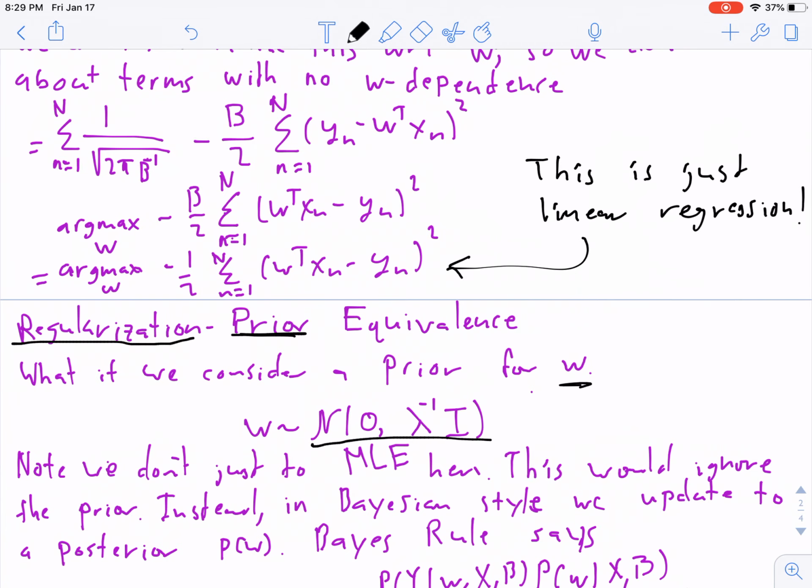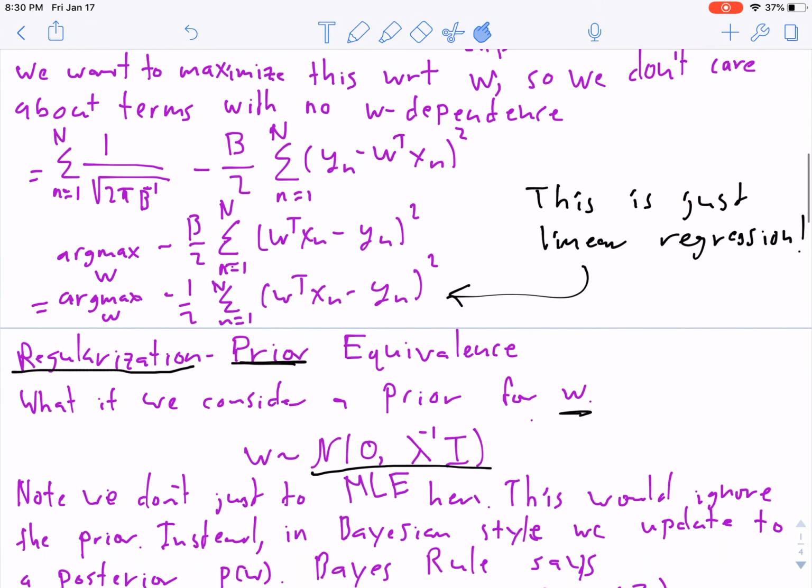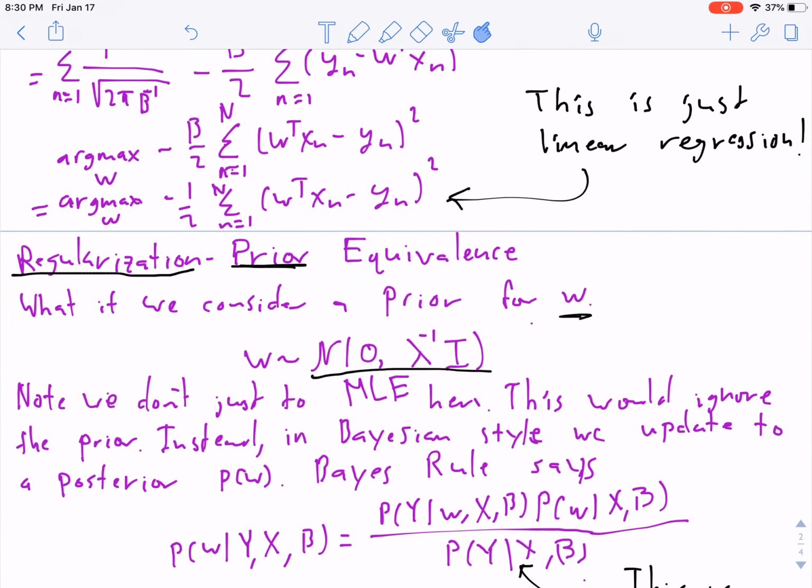So now we get a w from that distribution, and then we use that w for our actual generation in the data process.